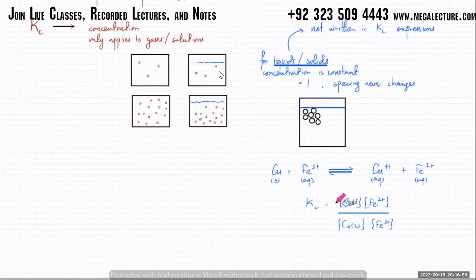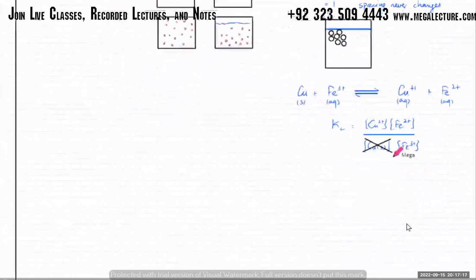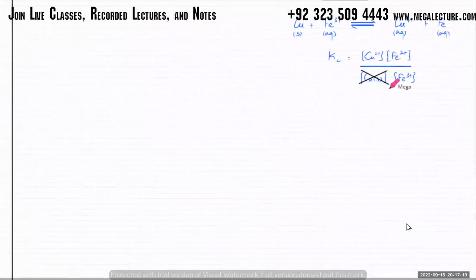Now, one of them is not going to be written in the expression, and that's the copper, which is solid. That will not be written in the expression. Why? Because the concentration of a solid is 1. Is that clear? Yes, sir.